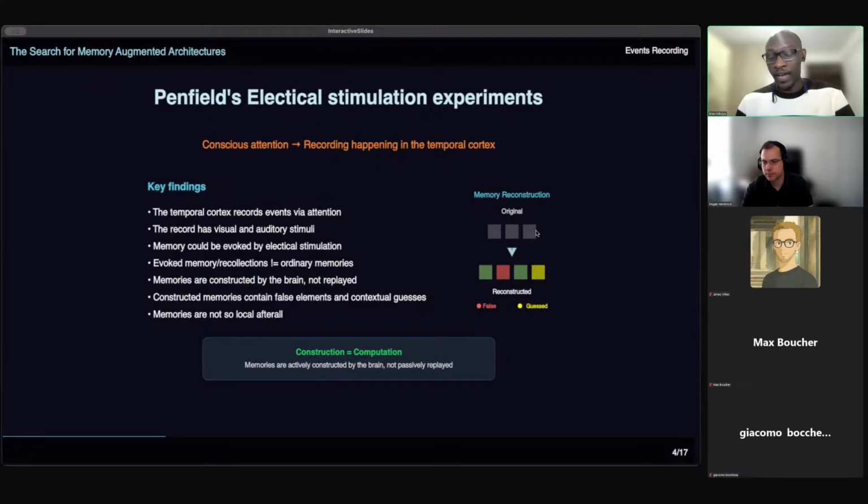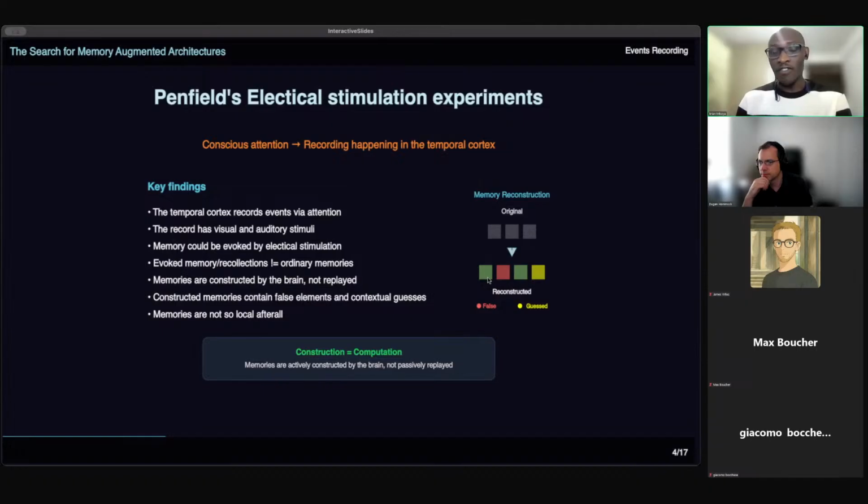On the right, you can see that I've given a representation of what actually goes on. It's not the actual thing, but you give a system an original event, or anything that you can think about, and then the brain reconstructs when you're remembering.